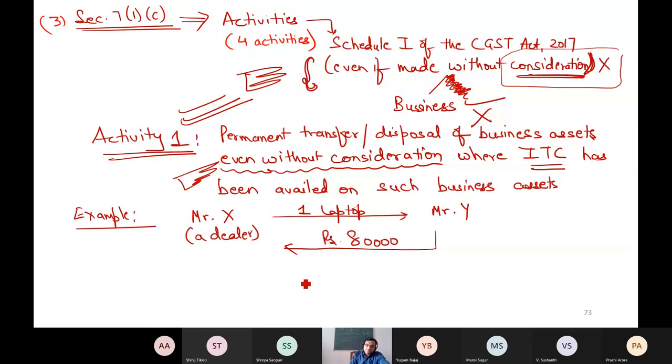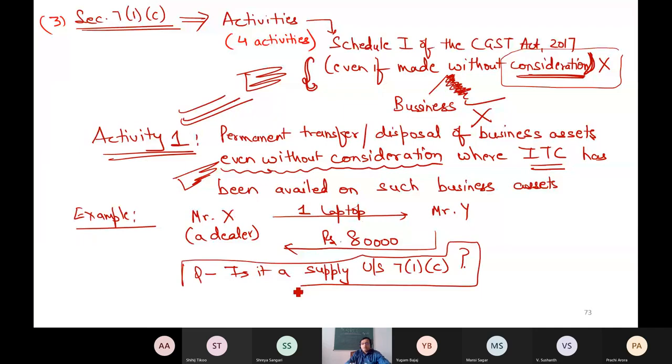My question is, is it a supply under section 7(1)(c)? Kindly answer. Is it a supply under 7(1)(c)? Any answer, yes or no?